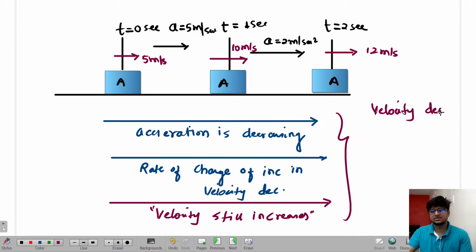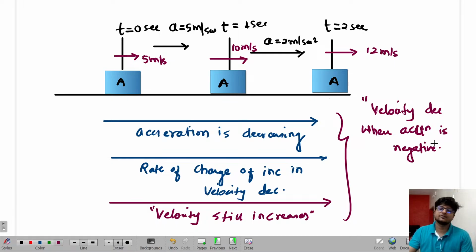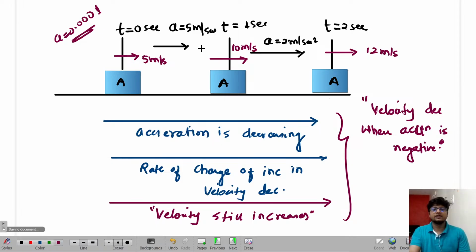Velocity decreases when acceleration is negative. Is that clear? Even if the acceleration has a value like 0.00001, a little bit positive, it will increase the velocity. It will not decrease the velocity. Are you able to get me or not?